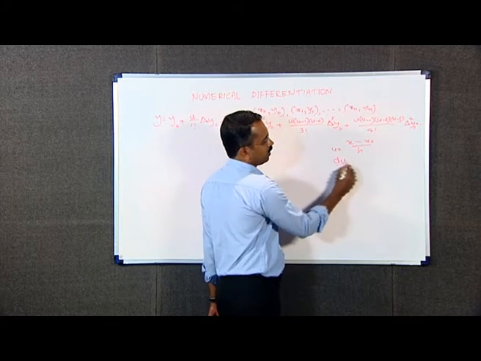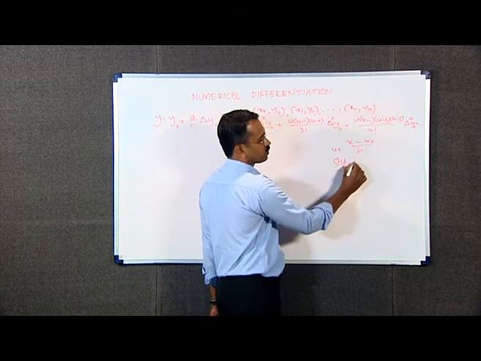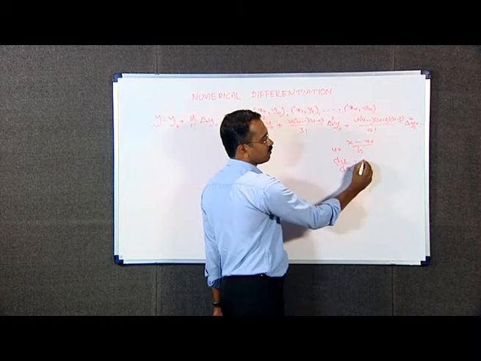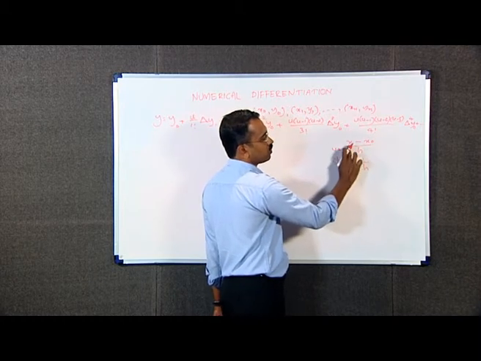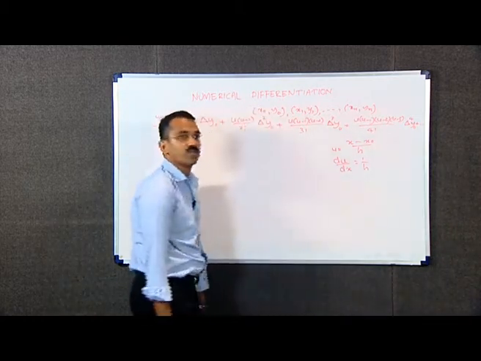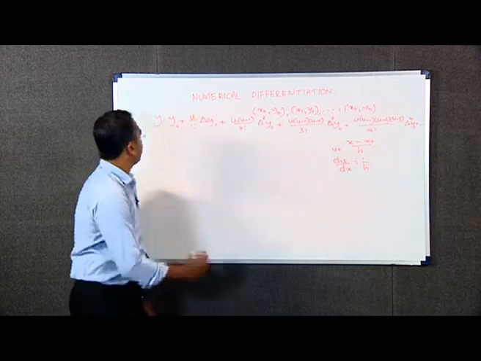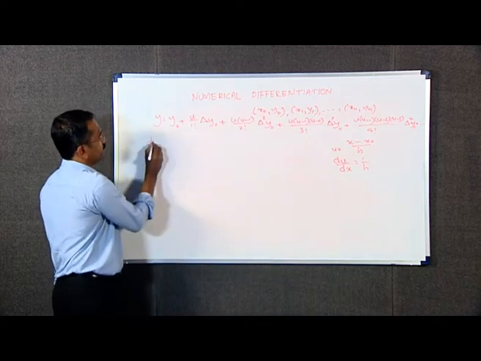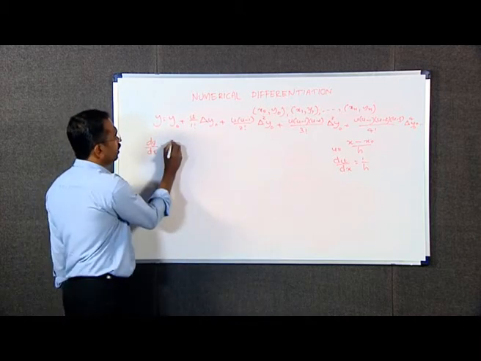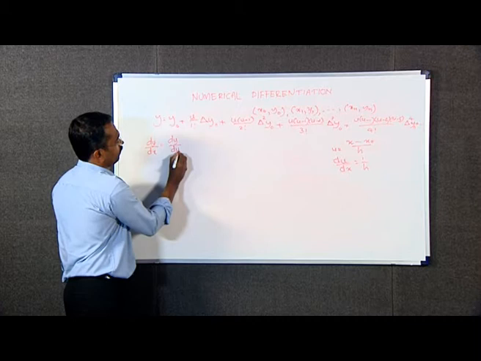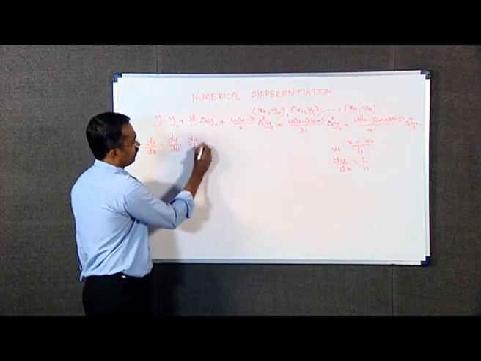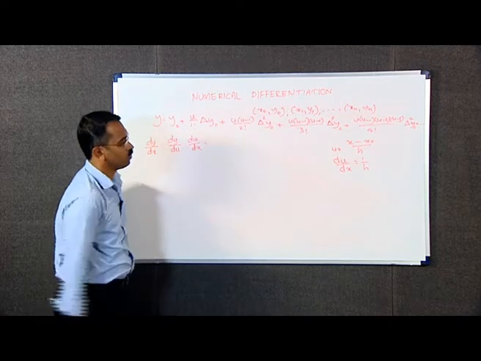Therefore, du by dx, the derivative of u with respect to x, is 1 by h into the derivative of x minus x0, which is 1, as x0 is a constant and h is a constant. That is, du by dx equal to 1 by h. Therefore, dy by dx can be written as dy by du into du by dx.